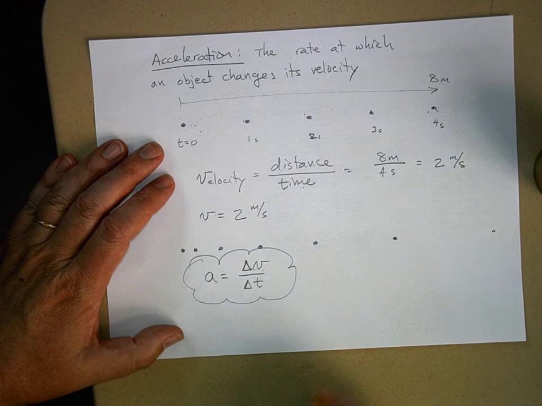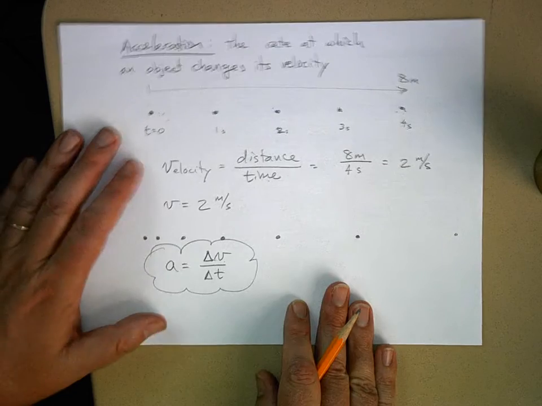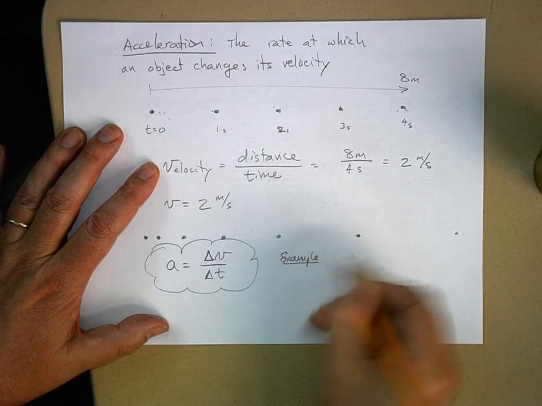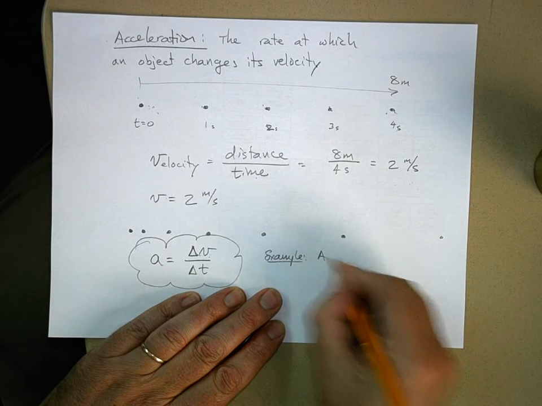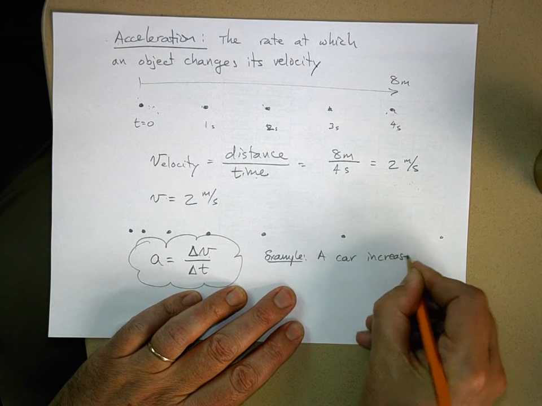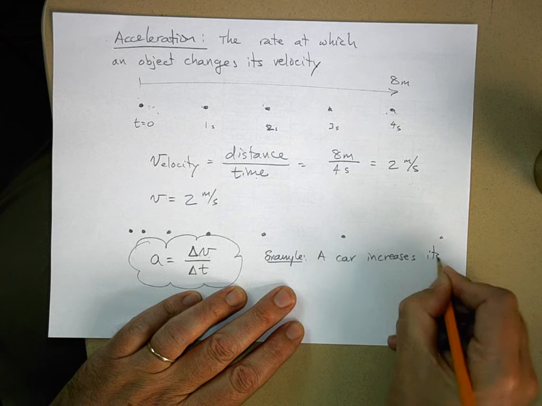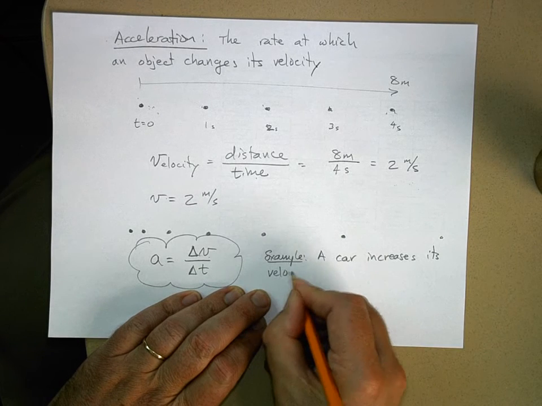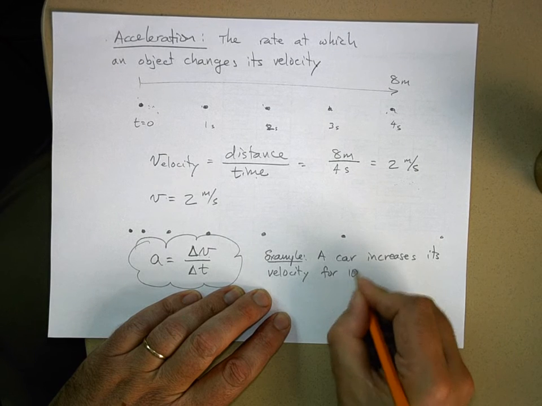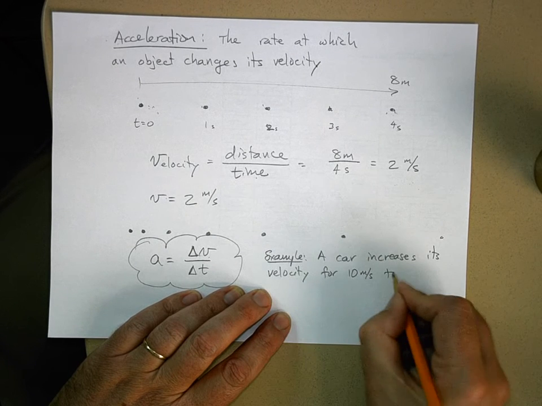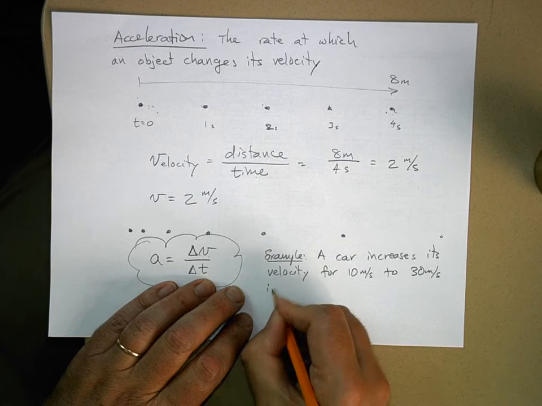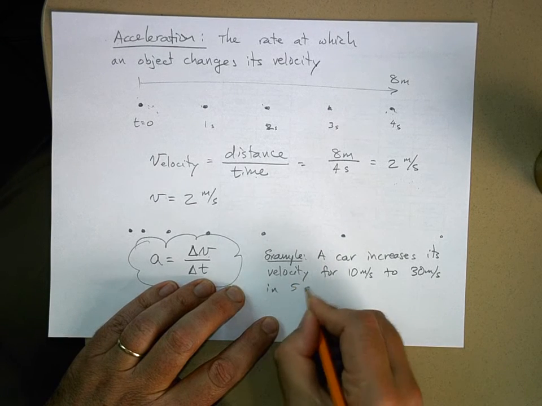But what we're going to do is this. Let's do an example. A car increases its velocity from 10 meters per second to 30 meters per second in 5 seconds.